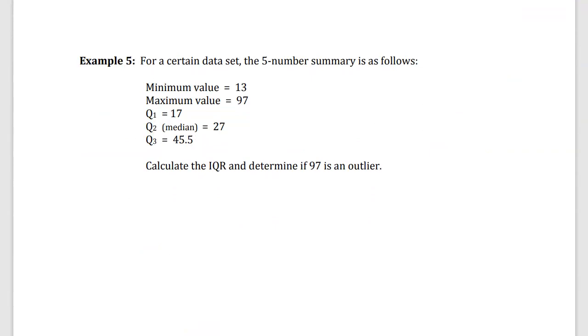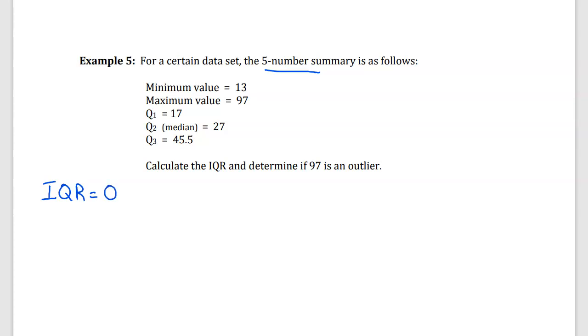Let's look at this 5-number summary. We have a minimum value of 13. We have a maximum value of 97. We have our Q1, our Q2, and our Q3. And we want to calculate the IQR and determine if 97 is an outlier. So we need to calculate the IQR.